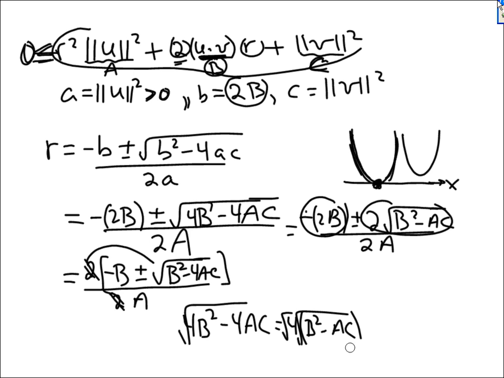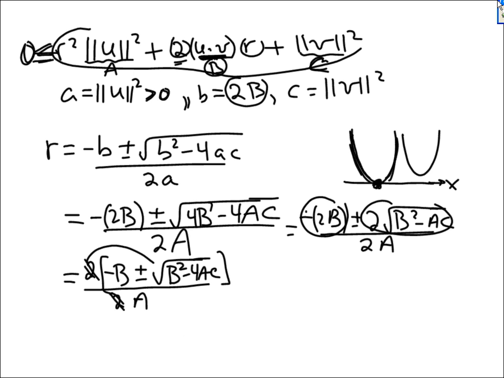Okay, so let's write it up one more time without the 2's there. So this is equal to negative b plus or minus the square root of b squared minus ac over a. The 2's cancel.